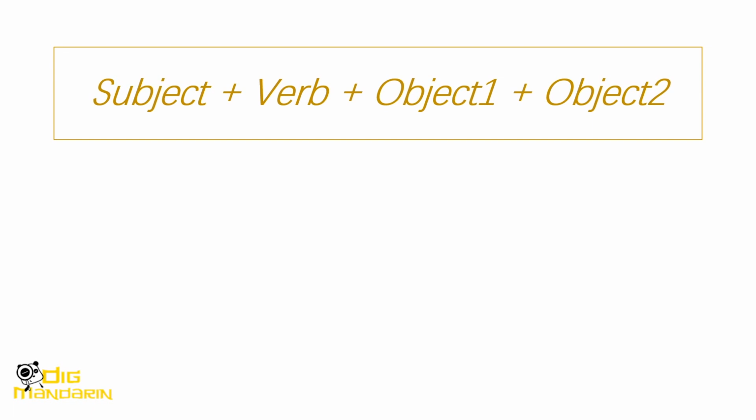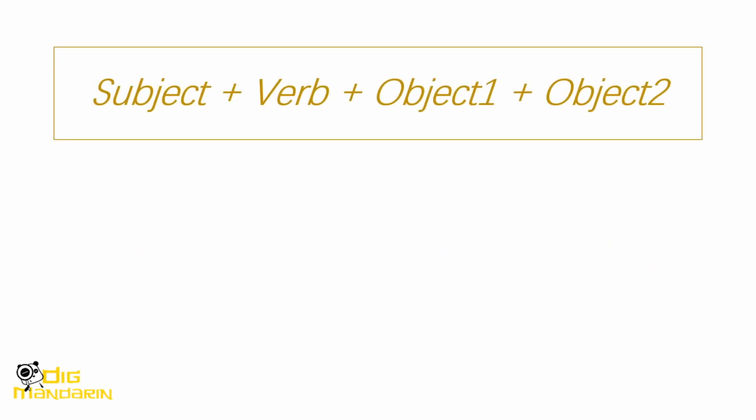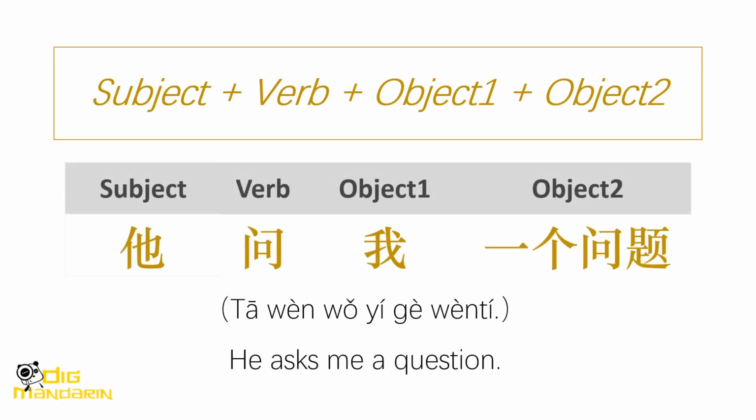Example 1. 妈妈给我1块钱. Mom gives me 1 yuan. Example 2. 他问我一个问题.